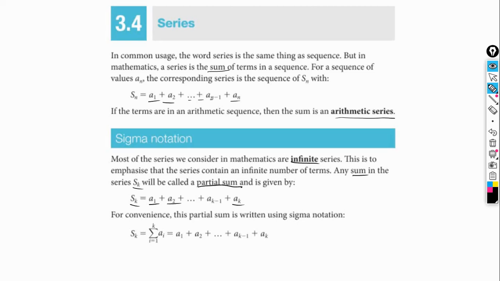But for convenience, this partial sum can be written using sigma notation. Notice that the sum is equal to sigma notation from i equals 1 to k, and this would be the same as the partial sum that we saw just a little bit above.